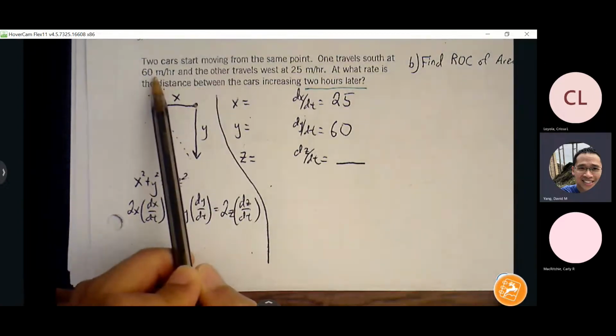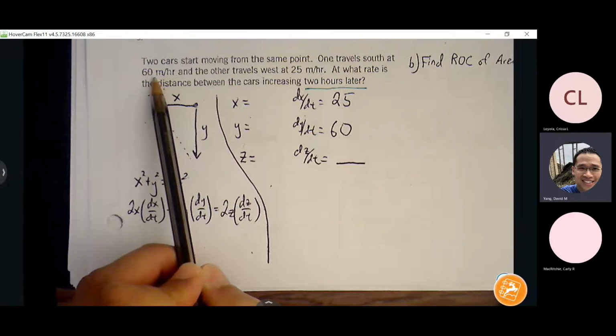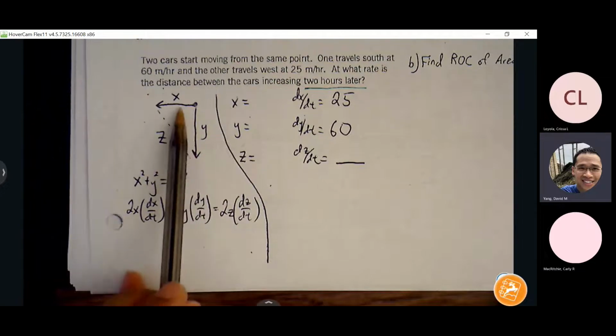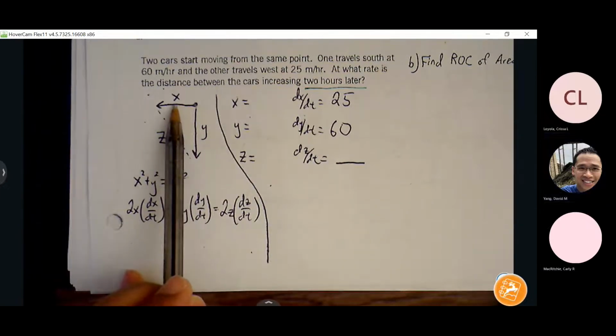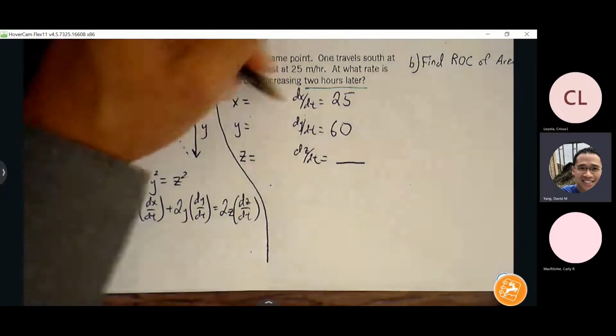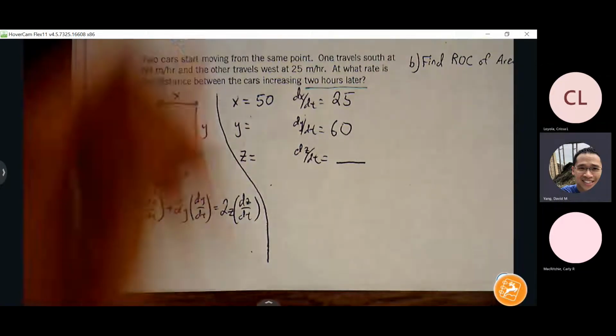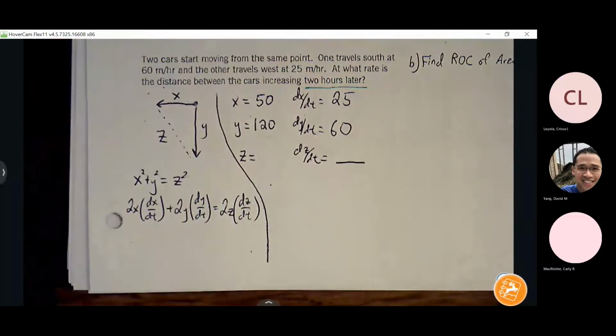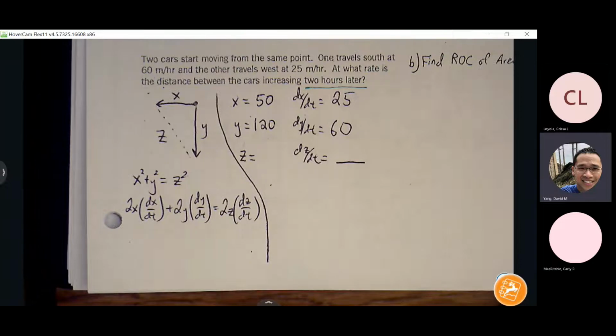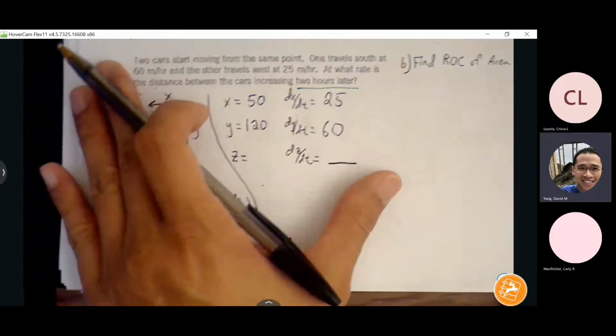If we know how fast these cars are moving, we know how far they will be from their starting points. So x would equal 50, y would equal 120. That's the difference here that we haven't seen before. We had to think about the problem and realize that's how I get to x and y, because I know how fast they're moving and how much time has passed.